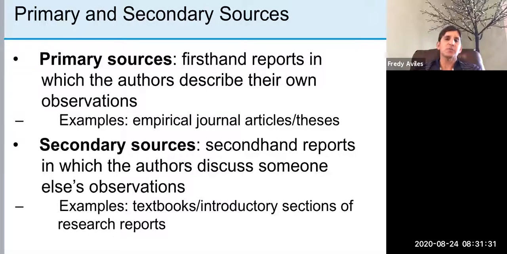So primary sources would basically be your research articles, the actual research reports. You're reading the study done by someone. It's going to have a title page, an abstract, an introduction, a method, results section, discussion, and references. Okay, your secondary sources are books that are written to summarize other people's work. Let's keep going. That shouldn't have taken that long.